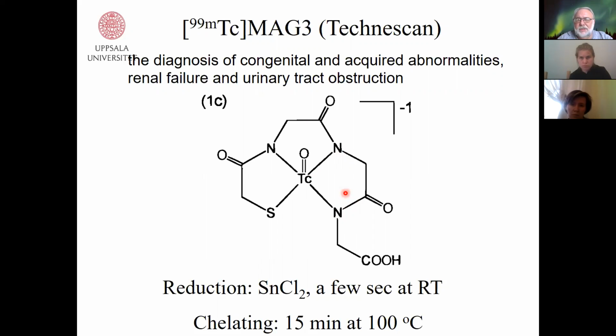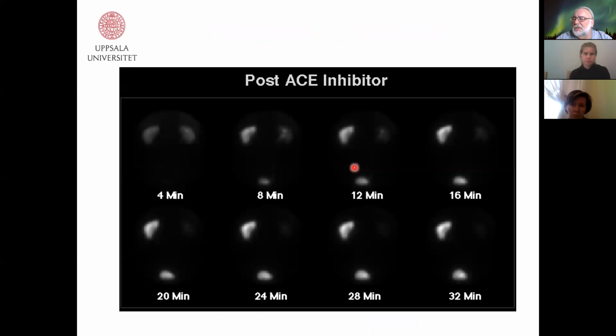So for this reason, when working with this kind of chelator, you need either quite high pH, about 11, or a high temperature, and possibly you also need to add an intermediate chelator to stabilize technetium in the right oxidation state in the right complex. But that in principle works, and works very nicely.